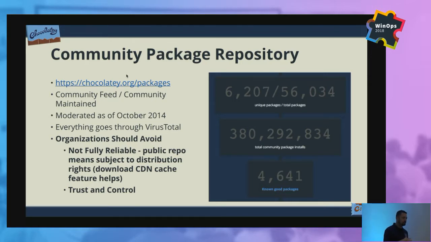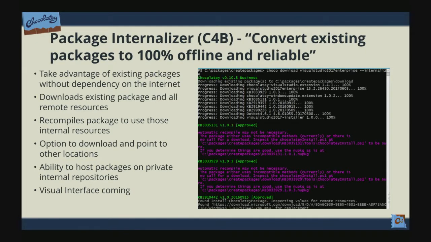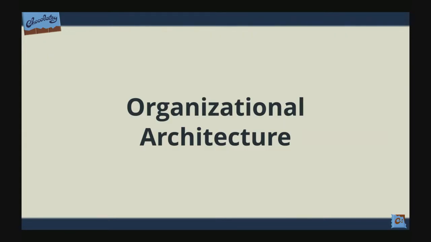So a lot of these packages, when they install, reach out and download this stuff. And so what we recommend instead is to internalize. You could do this manually. You pull down a package, you see where it's downloading things from, pre-download them, bake them into the package, or put them somewhere internal, point to that instead, and rewrite the packaging to do that. We have something called Package Internalizer that will do all that, and quite quickly.